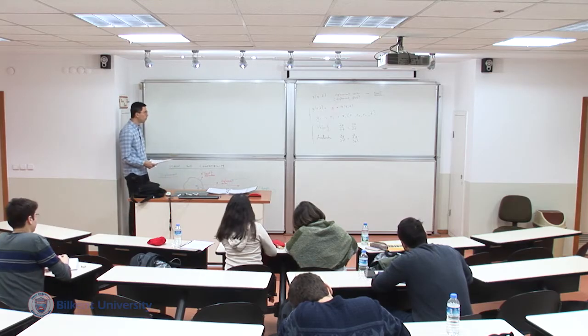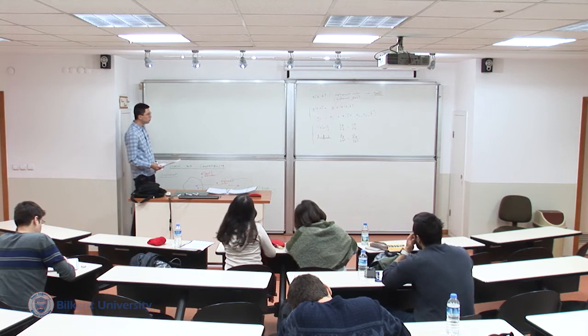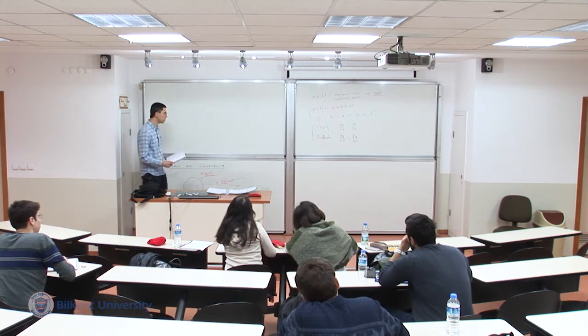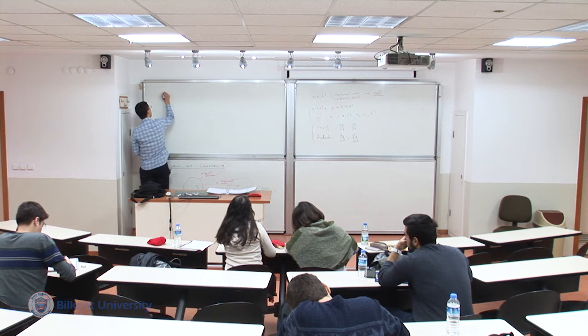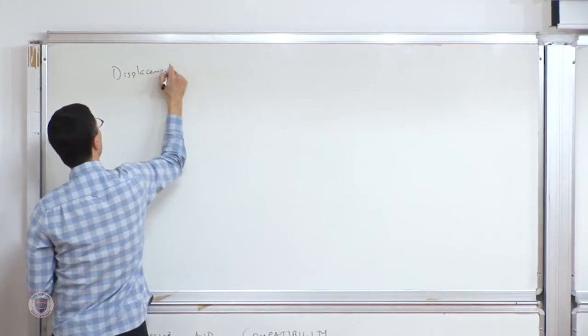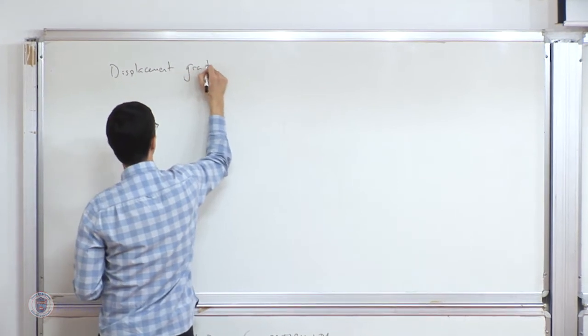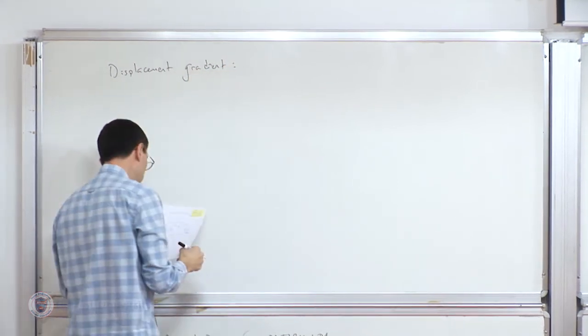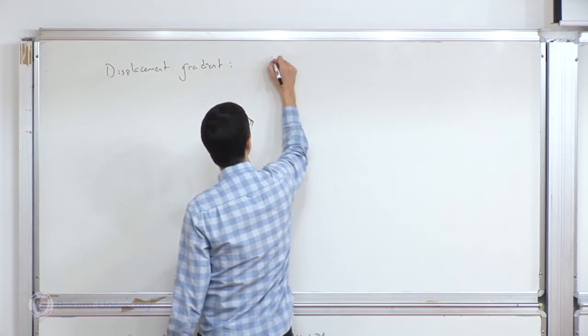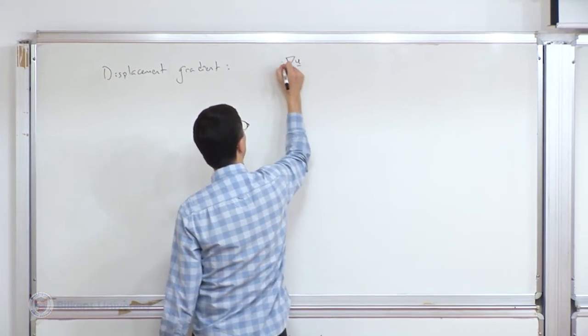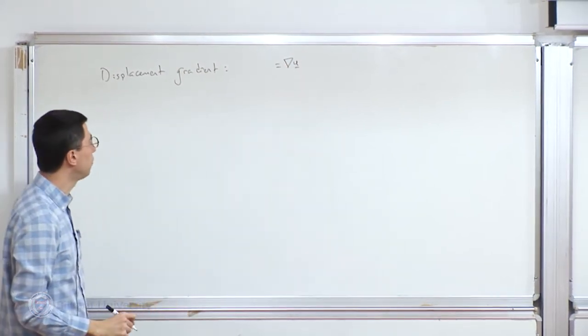Okay, so now I'd like to introduce one quantity that will be important for us, and that is the displacement gradient. Now, the displacement gradient is defined, as the name suggests, as the gradient of the displacement vector.